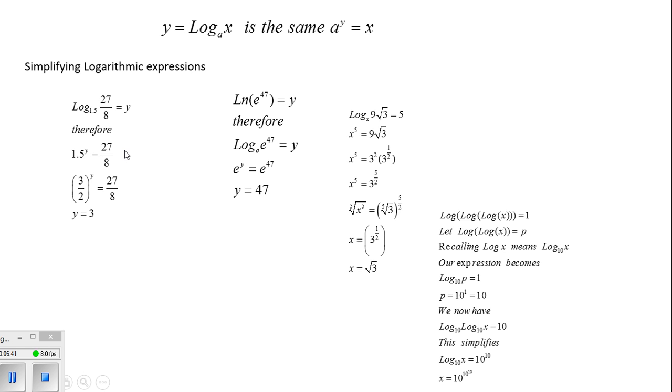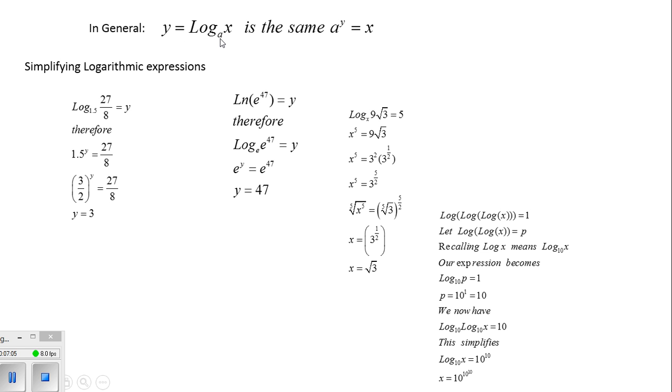Let's do some problems. We're going to look at some of these problems. The big idea here, y equals log base a of x, and that's what we're going to be doing essentially, is translating these logarithmic expressions into exponential expressions. So we recall y equals log base a of x is what?